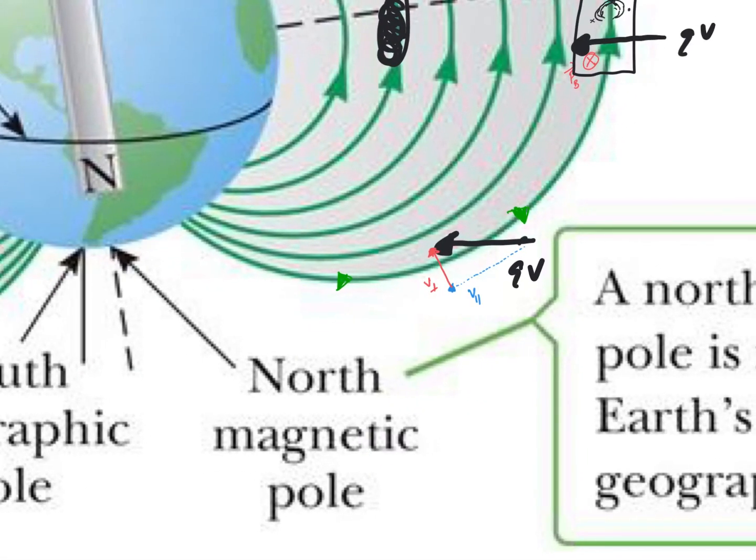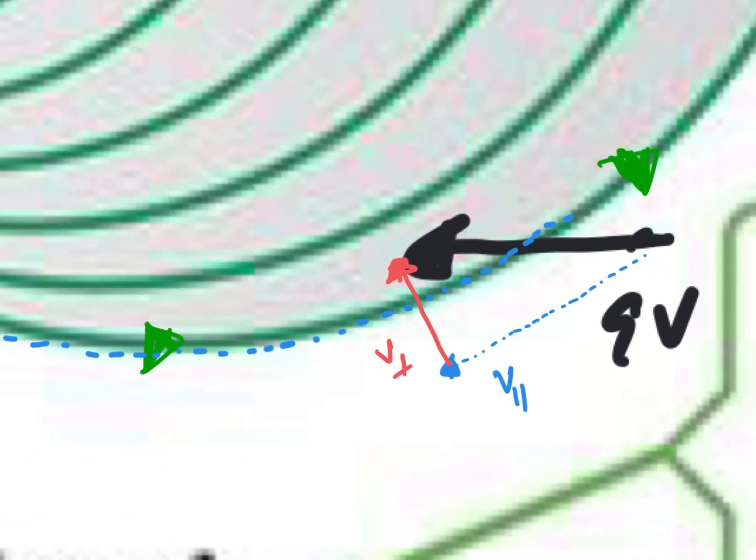The blue component is undeflected. It continues to be parallel to the magnetic field, or anti-parallel as it may be. And the red component experiences a magnetic force. I put my fingers along the red.